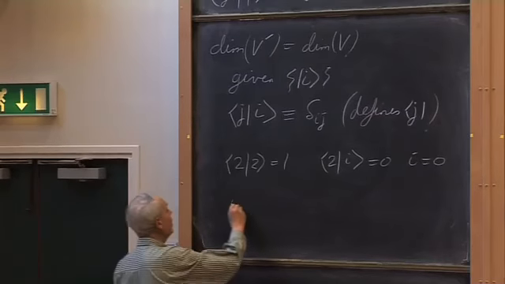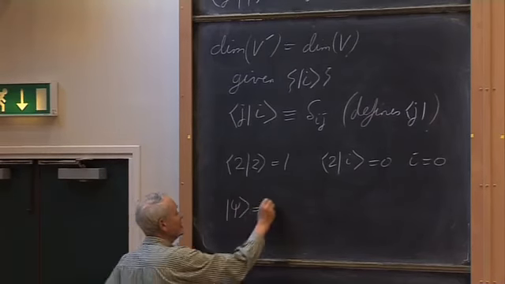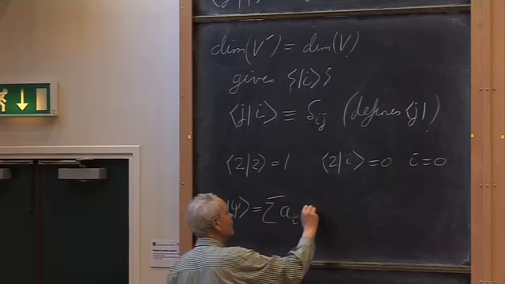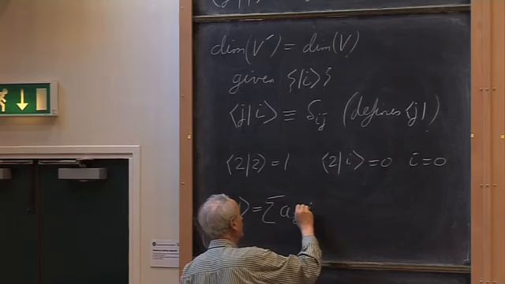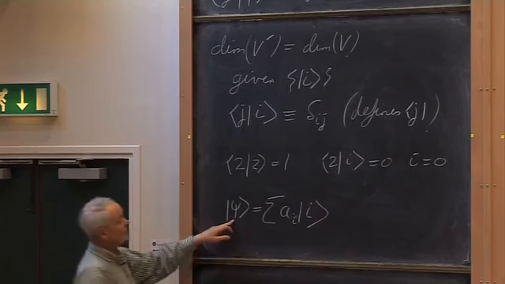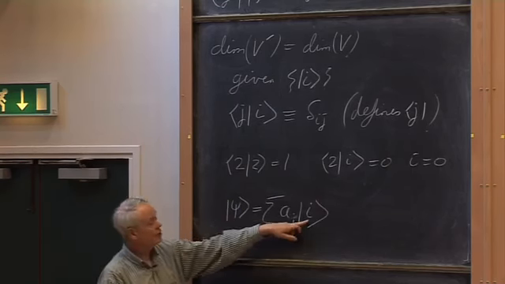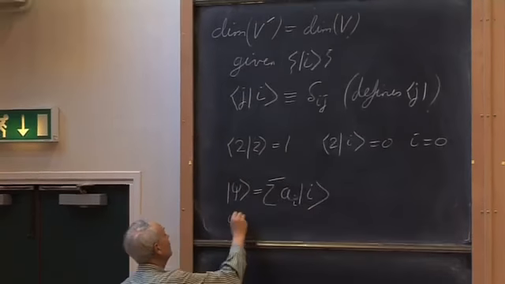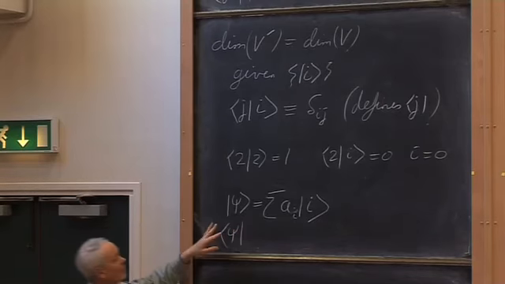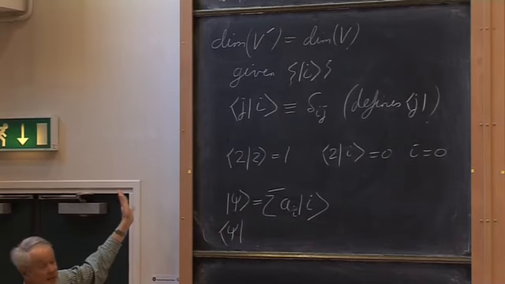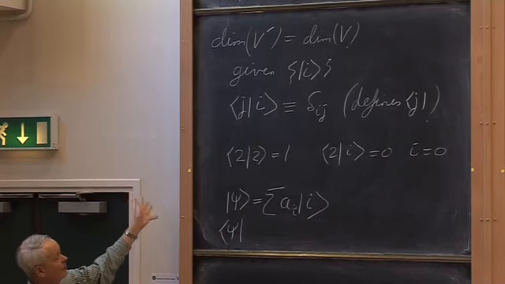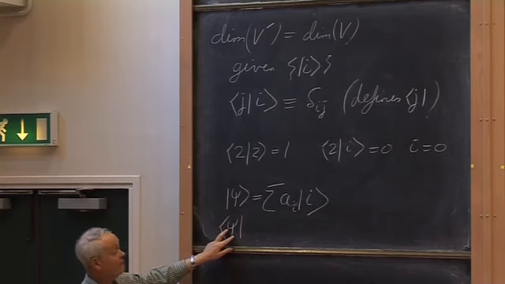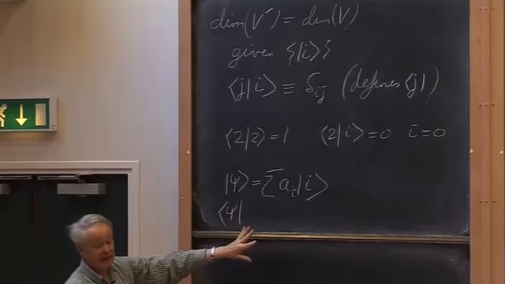So there's one final thing that we want to do in this abstract area. Supposing that |psi> is equal to the sum of a_i |i>, so we take a state of our system and write it as a linear combination of the basis states. Then we define a function. This is the funny part, right? So far, I hope everything's been fairly straightforward. But now I'm saying, associated with the state of our system, I want to define a function on states.